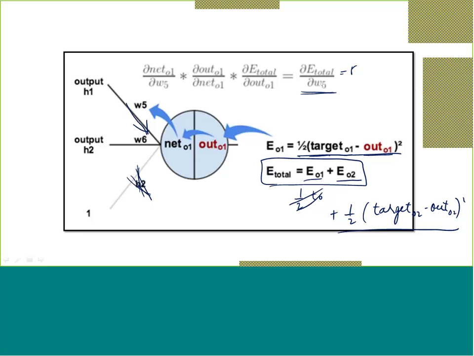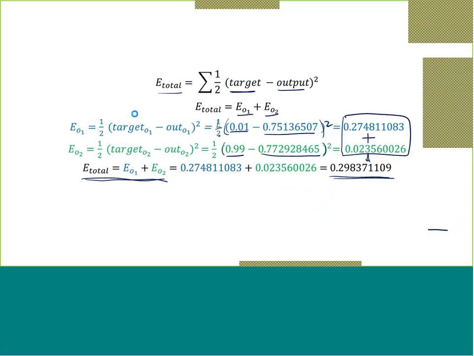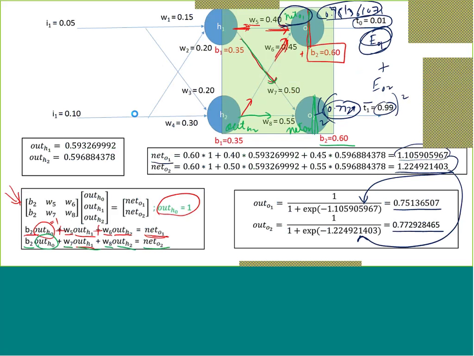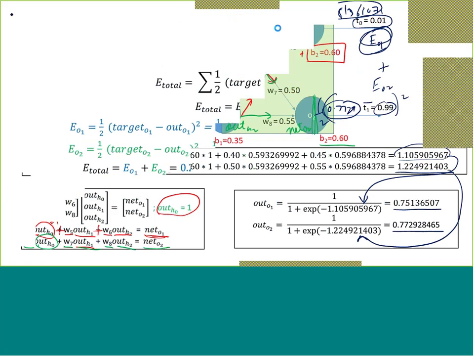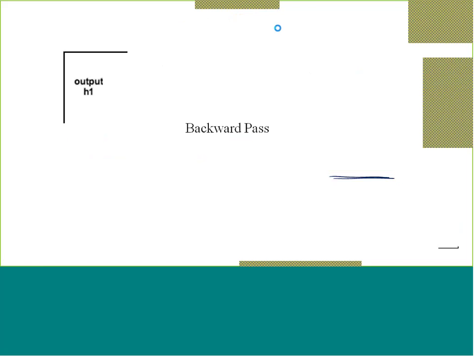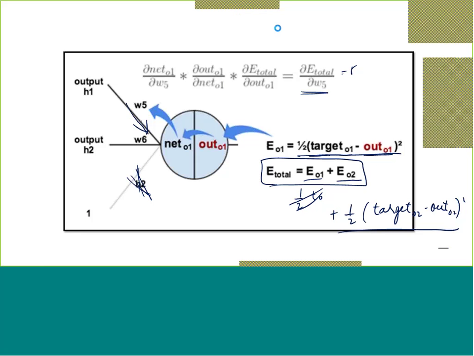This is my W5. I want to find out the impact of a change in W5 on the total error. I will find out how the change in W5 changes the error, and that is what is given by differentiation.